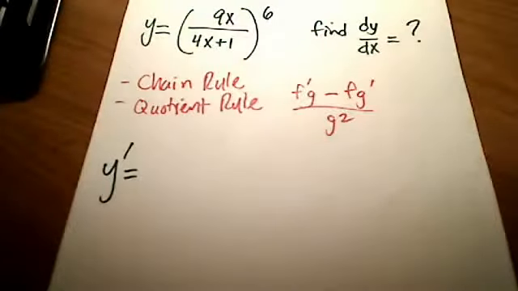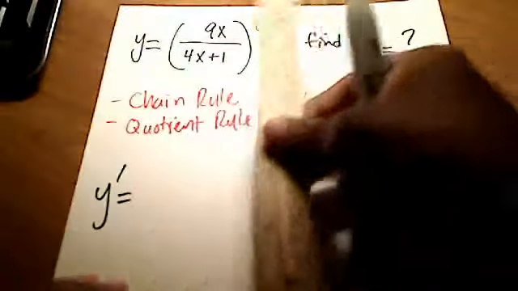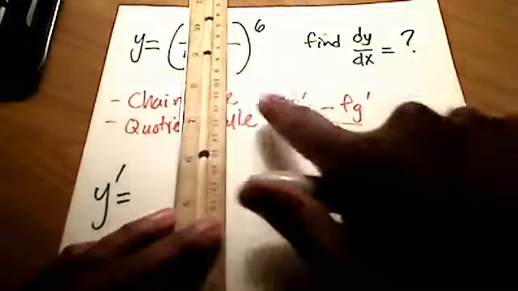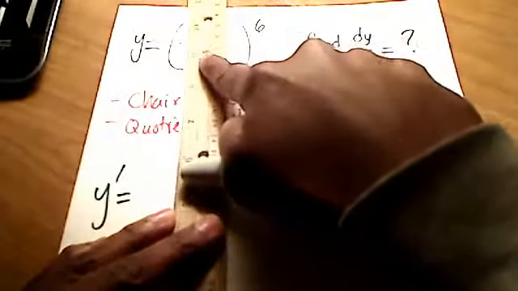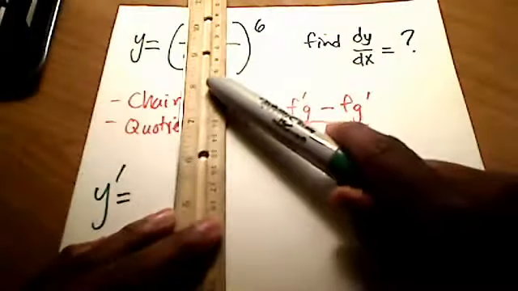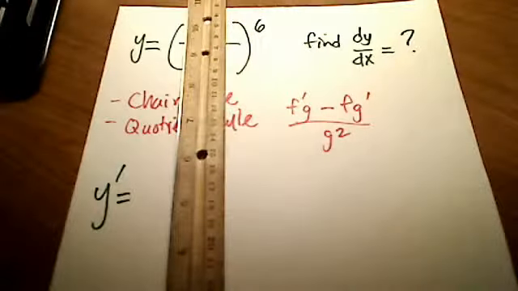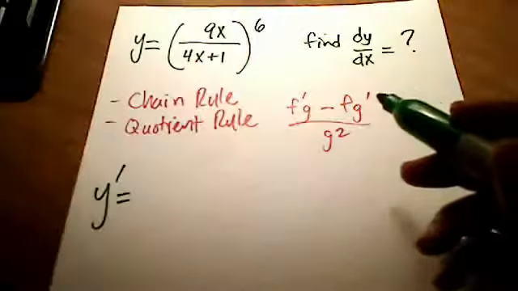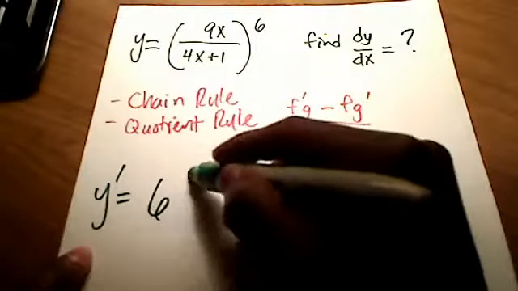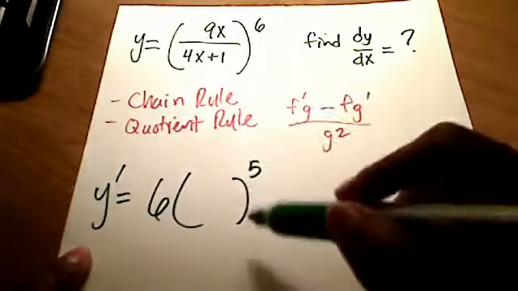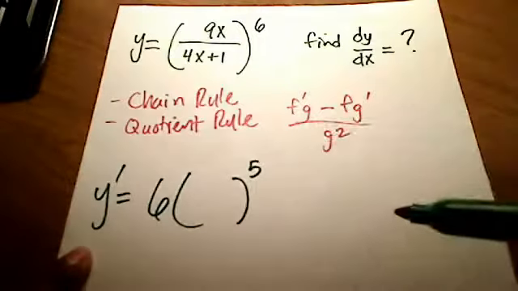First off, if I use this ruler to cover up my quantity inside the parentheses and just say I've got some stuff raised to the 6th power, I hope you see the derivative of stuff raised to the 6th power is 6 of that same stuff raised to the 5th power.